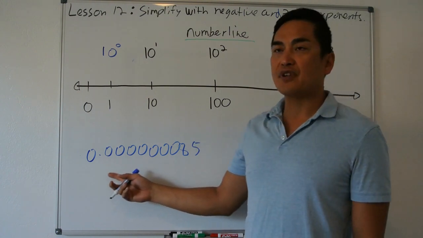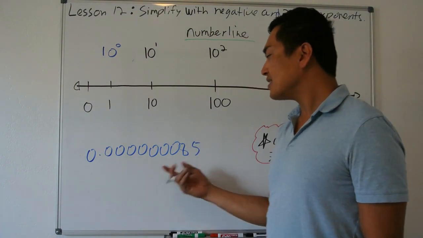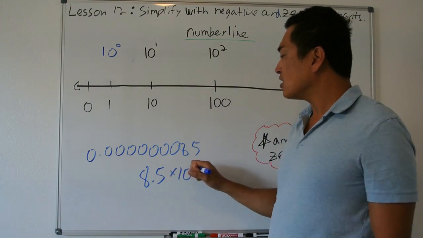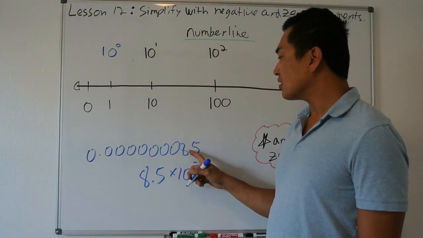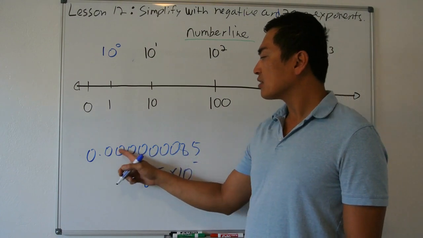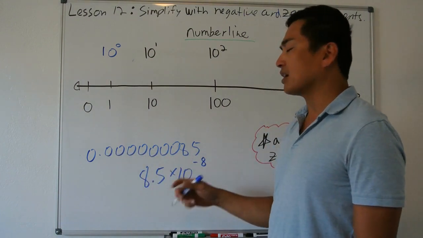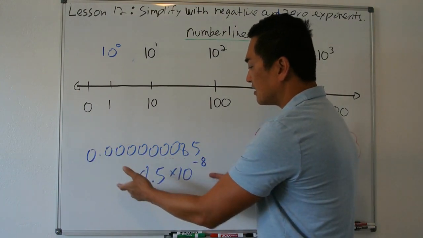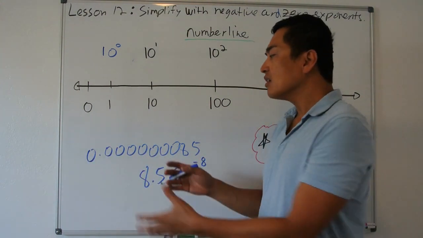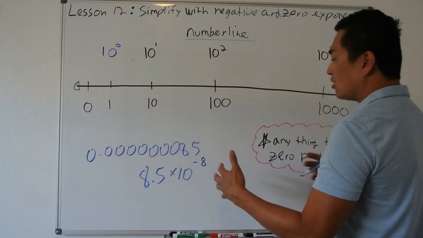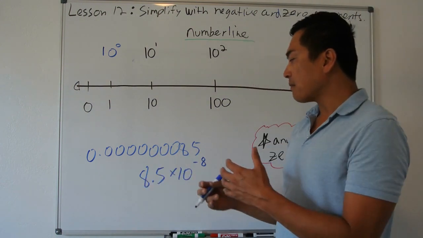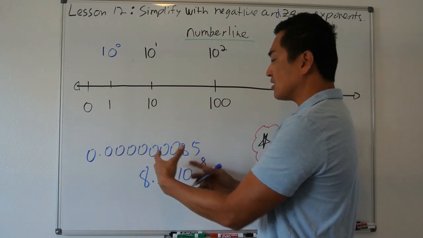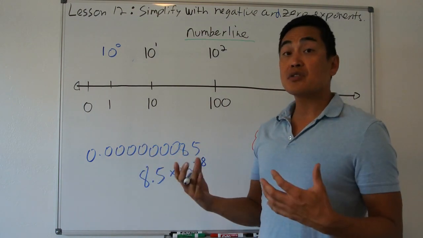It doesn't fit into your calculator, so then you see something like 8.5 times 10 to the negative 8 power, something like that. This is just an easier way to write it. We call this scientific notation. The number can expand a little bit more. So again, a negative exponent doesn't make the number negative. It's just an easier way to write smaller numbers.